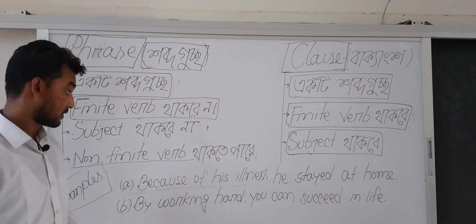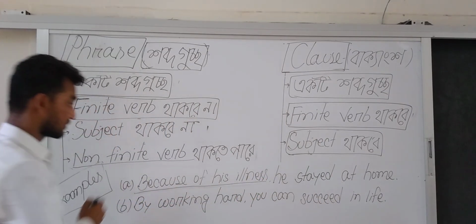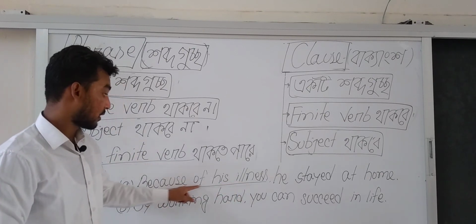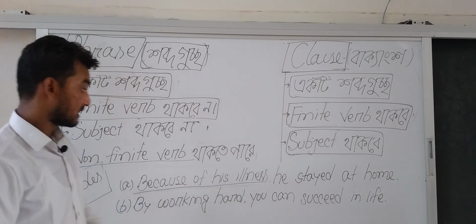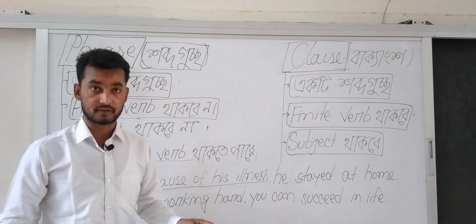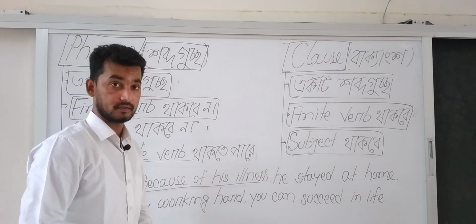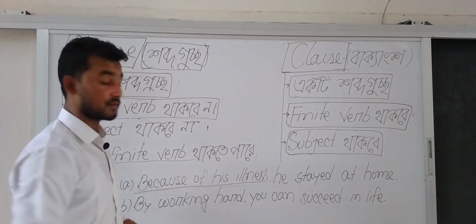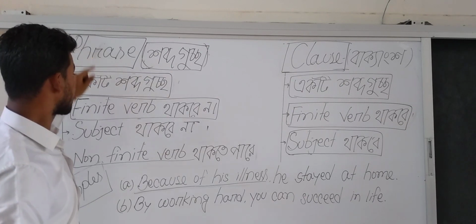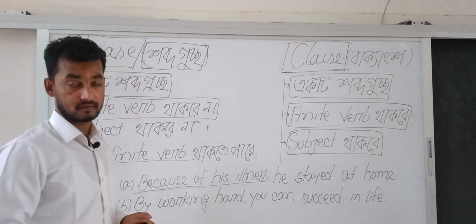Dear students, notice the first part of the sentence, there are 4 words: because of his illness. But in this part of the sentence, we find no subject, no finite verb. And that's why we can call it a phrase. Because we know in a phrase, a subject and a finite verb are absent.